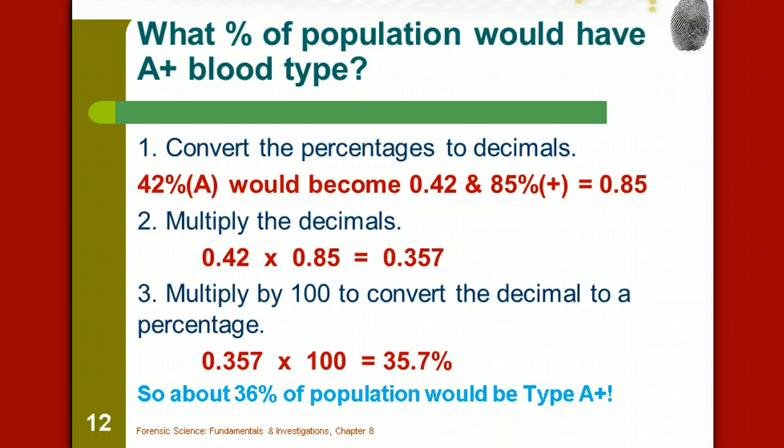So that would become 0.42. The probability of being positive is 85%, so I convert that to 0.85. Again, I have to multiply the individual events to get the combined information. So I have to multiply those two decimals together, and then I can convert that back into a percentage by multiplying by 100. So about 36% of the population would be type A positive.